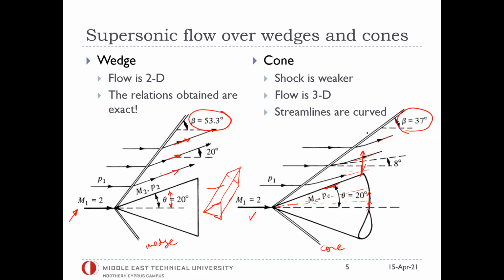But just keep in mind that these two things are not similar. They do not have similar flow physics. In fact, a little bit less beta means a little bit weaker shock wave in the case of a cone, for the same inlet conditions, for the same Mach 1 equal to 2 inlet conditions.